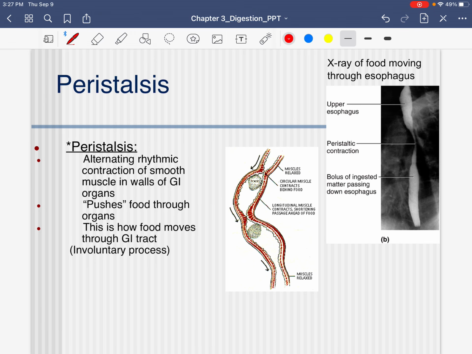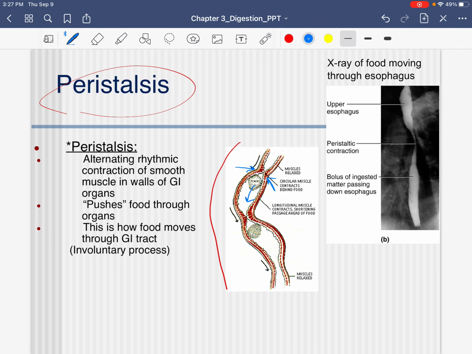Okay, in the esophagus, the process through which we push the food down the esophagus is called peristalsis. I'm pretty sure everyone's heard of this. This here is the esophagus, right? And there's rhythmic contractions where at one time, this area of the smooth muscle contracts.